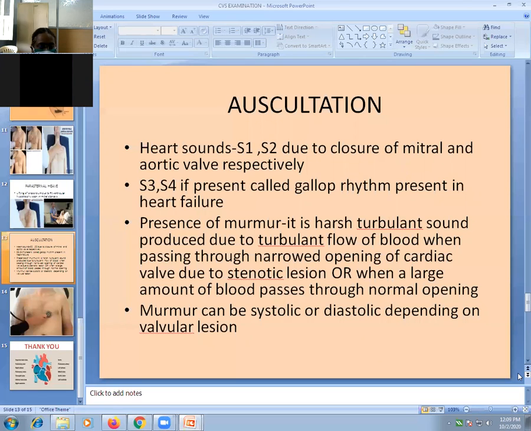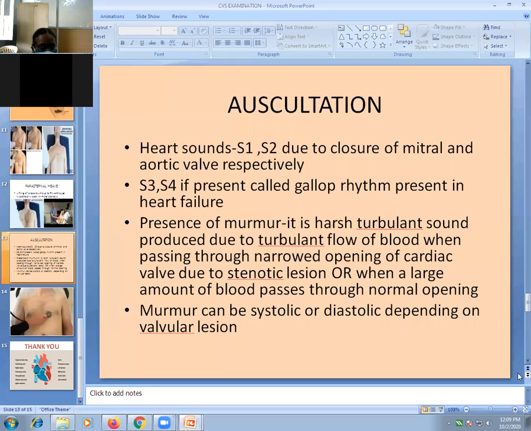These conditions are called hyperdynamic conditions because a large volume of blood has to pass through the valvular opening, and that can produce turbulence in the flow of blood and produce murmur, so it is a functional murmur.